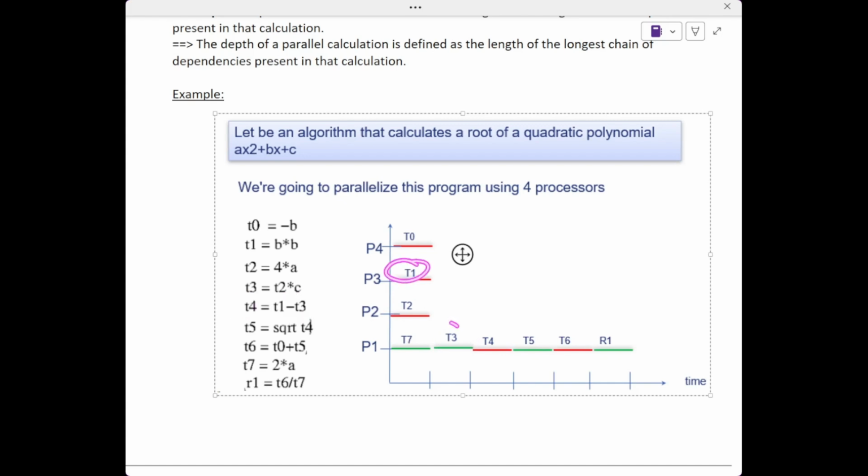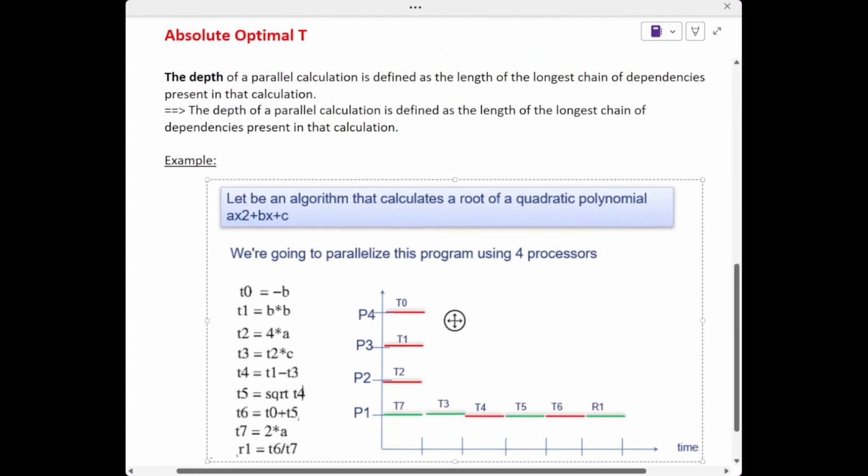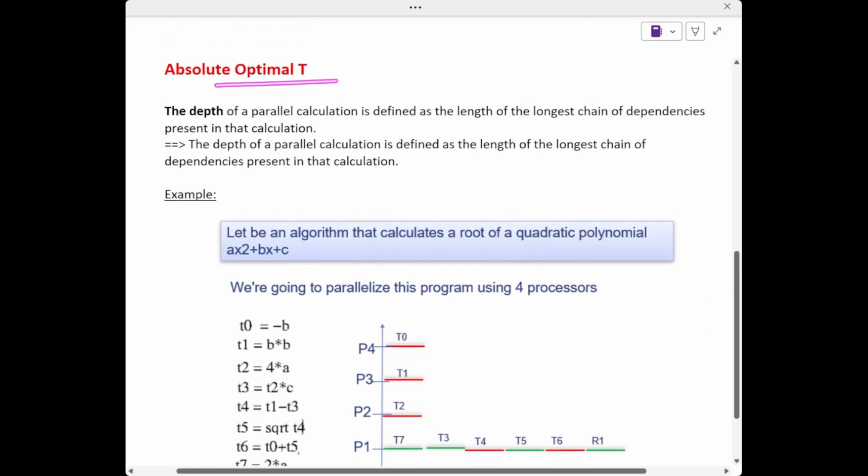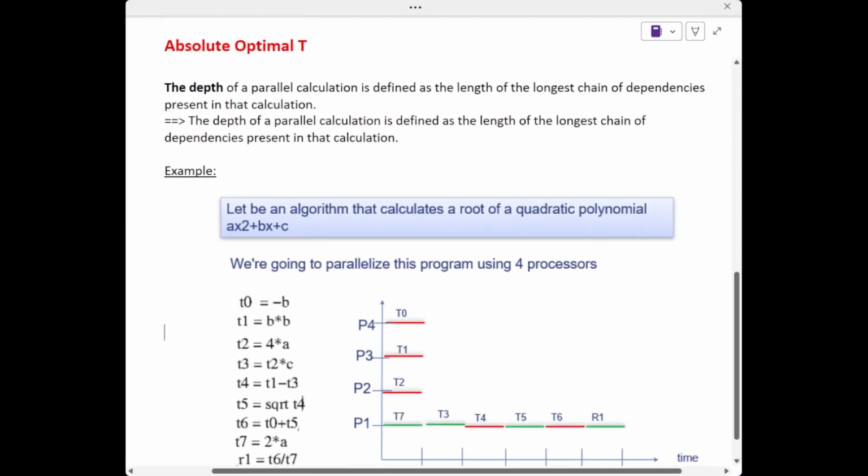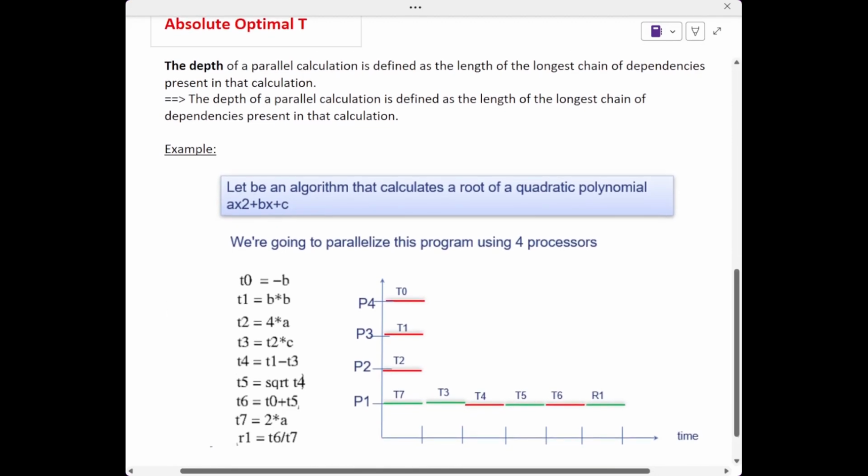Both t1 and t3 must finish for this one to work. So there is a dependency, and the total time t, however optimal, cannot exceed the depth of a parallel calculation.